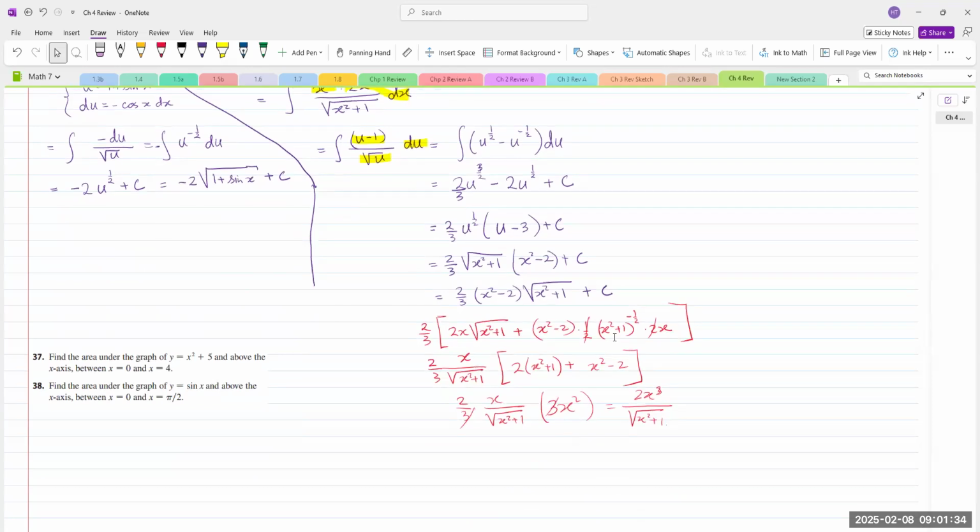I'm still checking my work. Yeah, I have an extra 2. Where did that extra 2 come from?